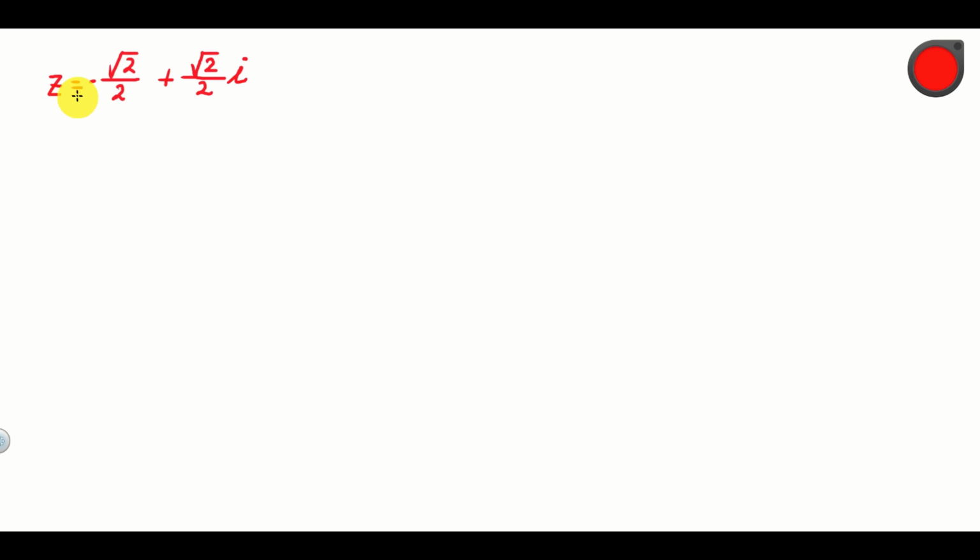In the second case, our complex number looks like this. Consequently, a is negative and equal to square root of 2 over 2 with the minus sign, and b is square root of 2 over 2. Let's sketch this complex number in the complex plane.